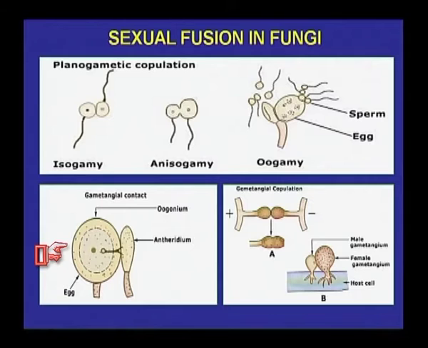In gametangial contact, we see especially that they produce the fertilization tube, and antheridia fertilize the oogonia and the egg is formed. In gametangial copulation, in the case of Mucor and Rhizopus, we see two different types of strains, that is plus strain and minus strain. They fuse together, the female gametangium and male gametangium, to make the diplophase.